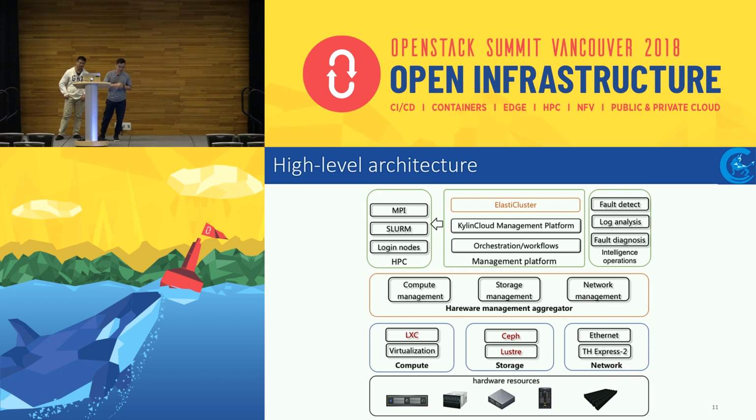As we can see in the left corner, we use LXC containers for compute virtualization. For the storage part, we use both Ceph and Lustre. And at the top of the picture, we use an open source orchestration tool, Elasticluster, for HPC cluster orchestration for end users. Now we are digging into more details in the following part.